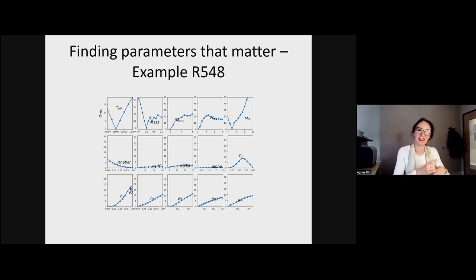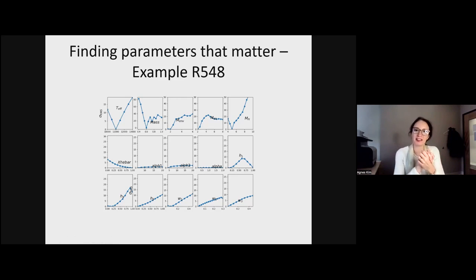And then I vary one parameter at a time, and I watch what that does to the quality of the fit. The quality of the fit is the departure from the periods of the fiducial model. So here is the fiducial model, and then I depart from that.